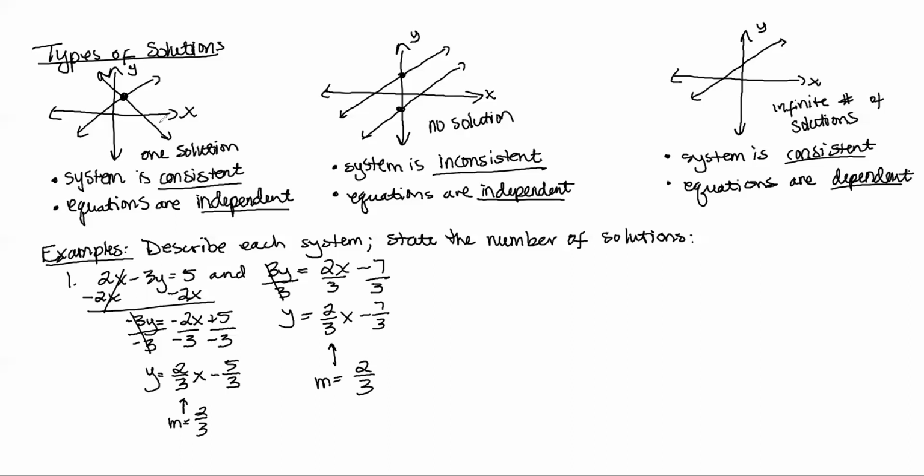So we either have parallel lines or we have the same line. Since our y-intercept here is different, we can't have the exact same line. So we have to have parallel lines. So this is how we are describing the system. And parallel lines means they never intersect, which means we have no solution.